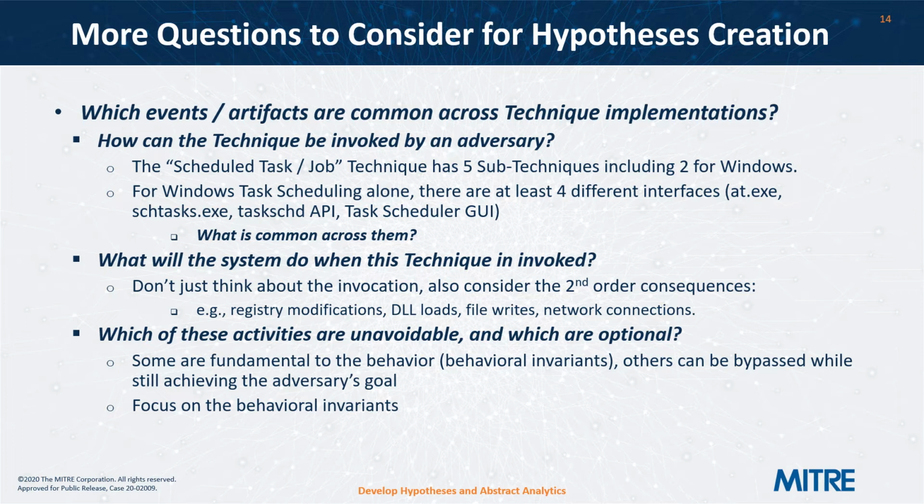If we look at the sub-techniques for scheduled tasks on ATT&CK, we see there are 5 different sub-techniques, including 2 that are specific to Windows. And there are at least 4 different ways to invoke those 2 Windows sub-techniques. If we can find common activities across all of those invocation methods, we could focus our analysis on those and develop a more robust analytic.